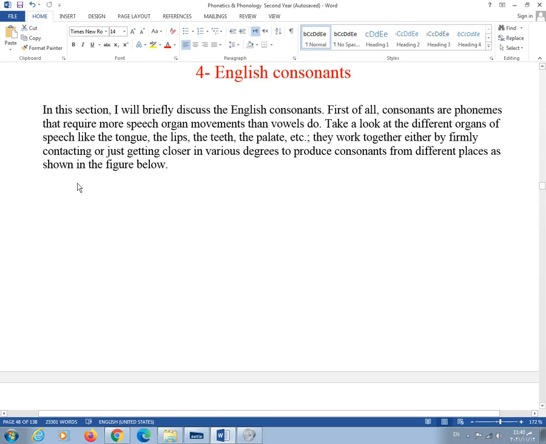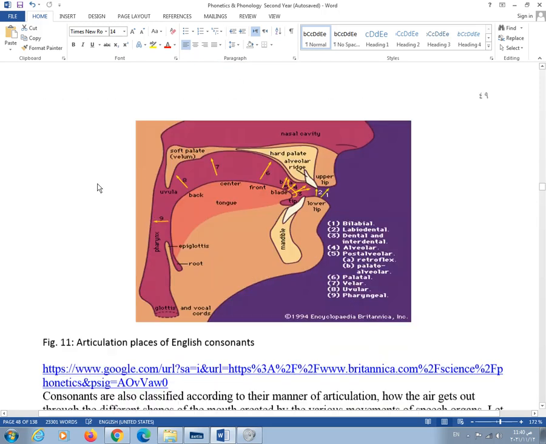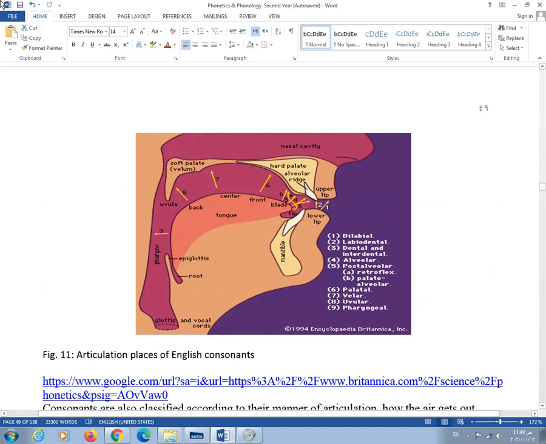Okay, here we have 1 to 9. These are the different places and positions in the human vocal tract, and how we pronounce English, or how we pronounce consonants in general. So here was the first one.